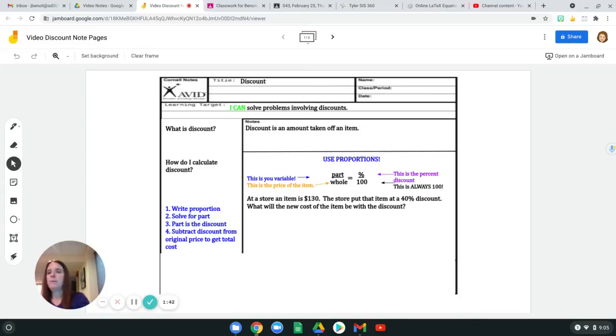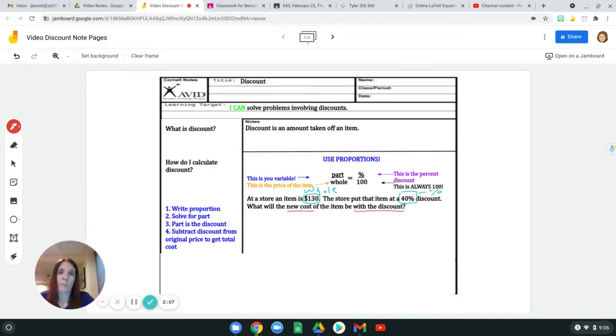Okay, let's see what we know. We know there is an item that we're buying for $130. This is our whole. We know at this particular store, there is a 40% discount, so that goes in the percent slot. What are we looking for? The new cost with the discount.